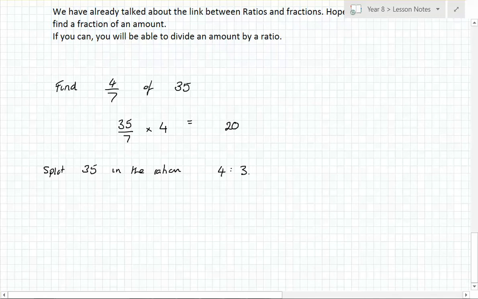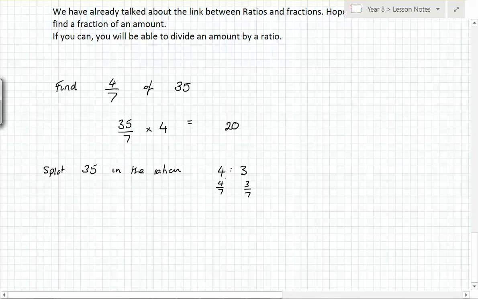Now some people would look at that and go, oh no, neither 4 nor 3 goes into 35. This is going to be hard. But we don't do it like that, do we? Because we know that ratio 4 to 3 means that the 4 is 4/7 and the 3 is 3/7. So that's what we do.